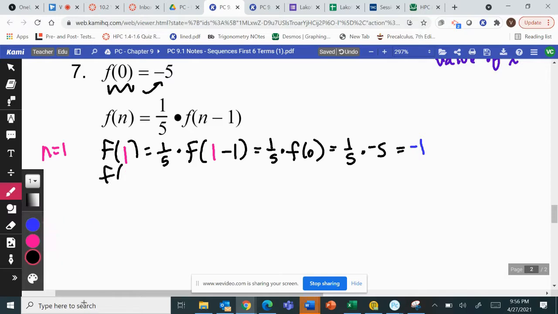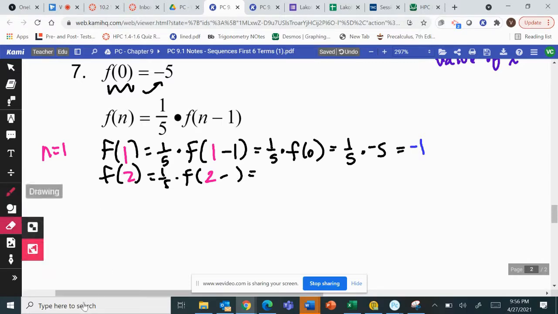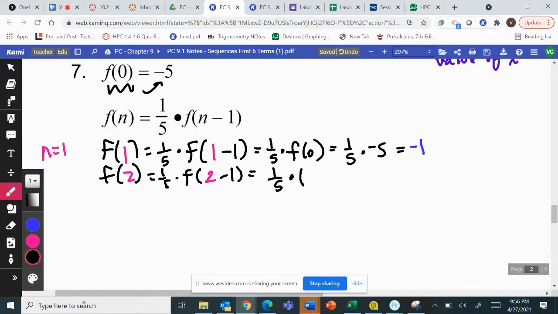So now we're going to plug in 2. So I'm going to say that f of 2 is equal to 1/5 multiplied by, I'm going to simplify this and I get f of 1. So 1/5 multiplied by, we just found f of 1 is negative 1.